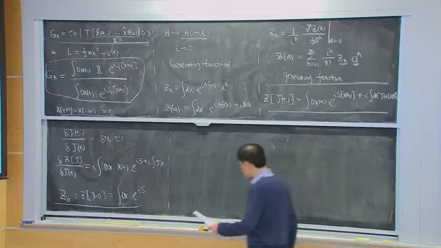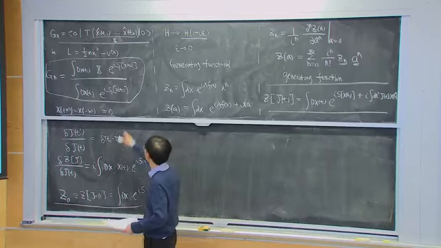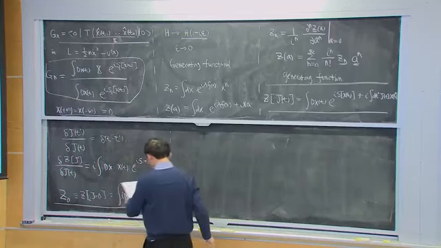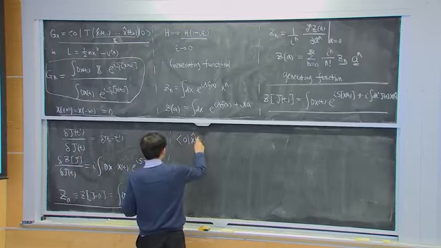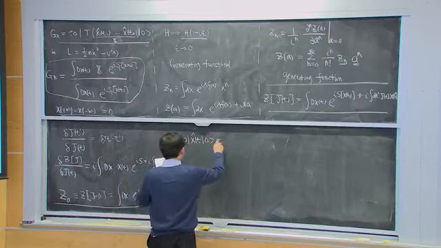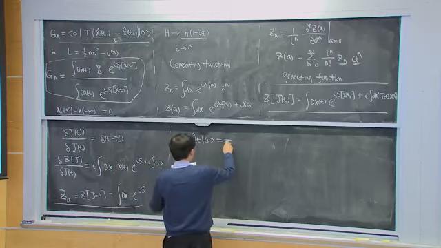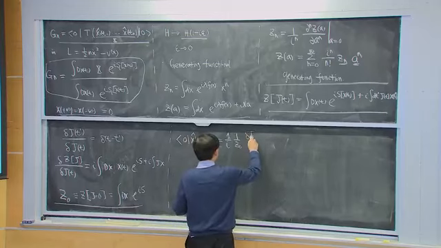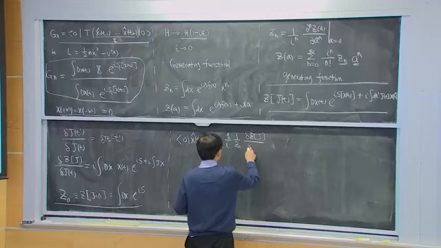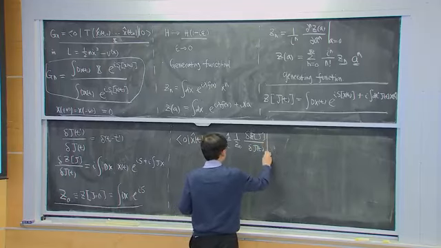So by comparing the two, we immediately conclude that the one-point function of x hat(t) is just given by 1 over i, because there's an i there, and 1 over Z0, then delta Z[J] over delta J(t), and then you set J(t) equal to 0.